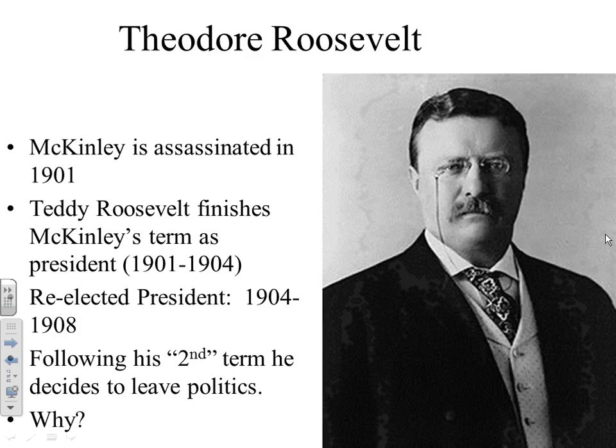And there were many people that were pushing him to run for a 3rd term in office. In fact, due to his popularity, had he formally run, he would have certainly been elected a 3rd time. But he chooses not to run for a 3rd term, and the question there is why. And of course, this goes back to George Washington, setting up the precedent that presidents leave office after completing a 2nd term.